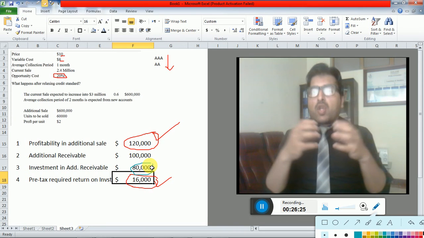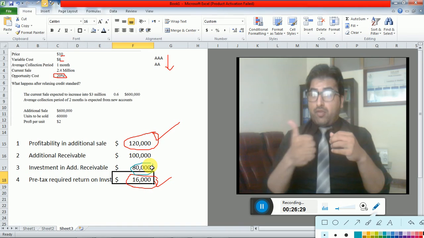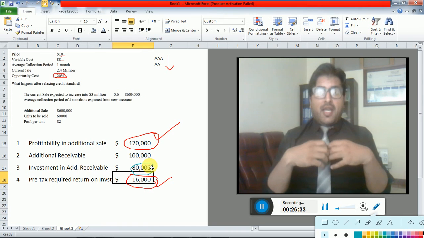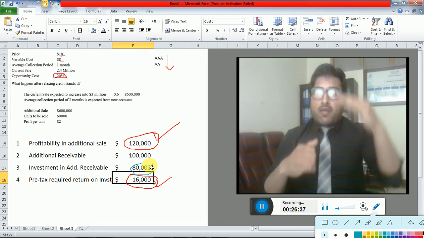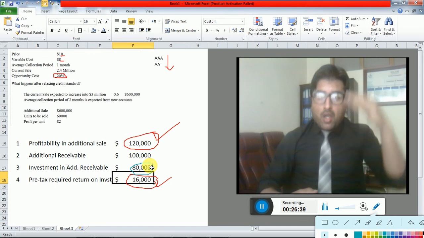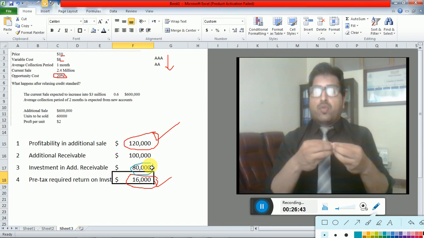So the conclusion is, we need not invest in a bank for 20%. We should invest in our business. And how to do so? Change your policy. And what is the policy? Relax the credit standard, lower the credit standard, allow more customers to come in to purchase from you, right?